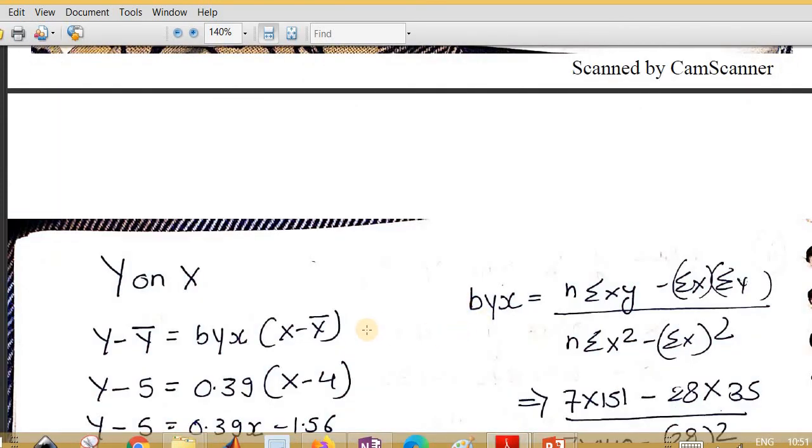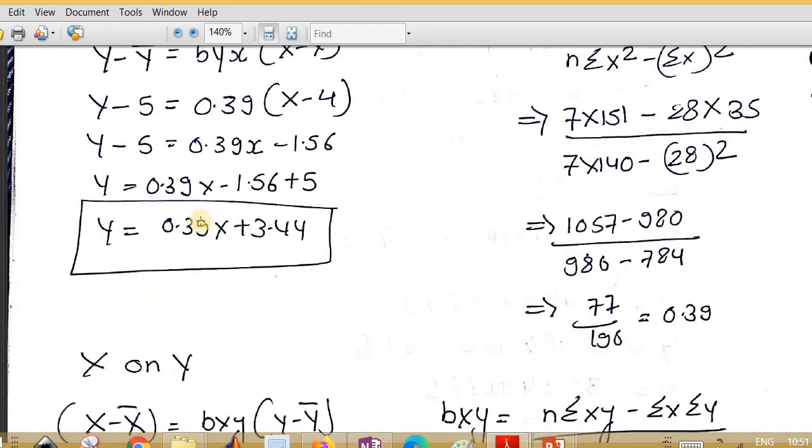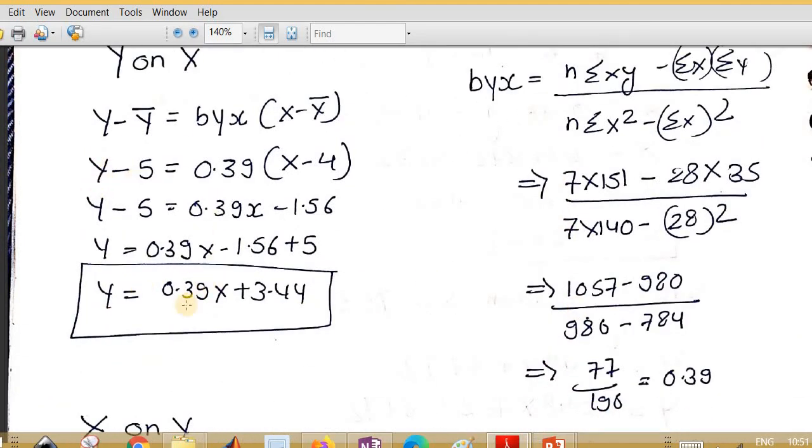You use the byx formula, that is n summation xy minus summation x summation y, over n summation x square minus summation x whole square. So y minus y bar equals byx times x minus x bar. For computing the byx term, we get the value here 0.39, and putting the value in this equation, we get the equation of the regression line in the form of y.